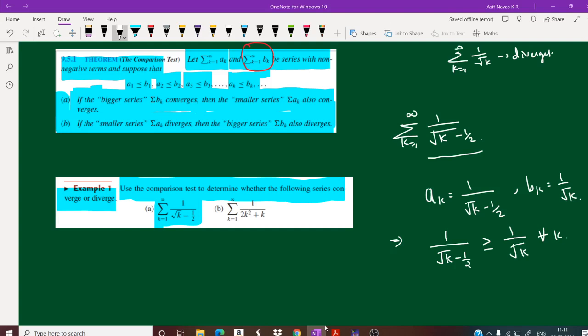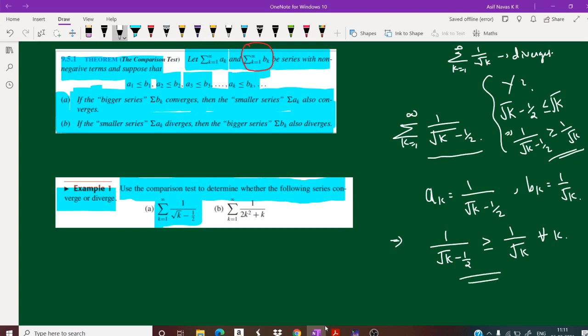Why? We have root k minus 1 by 2 is always less than or equal to root k, which implies its reciprocal is always greater than or equal to 1 by root k.